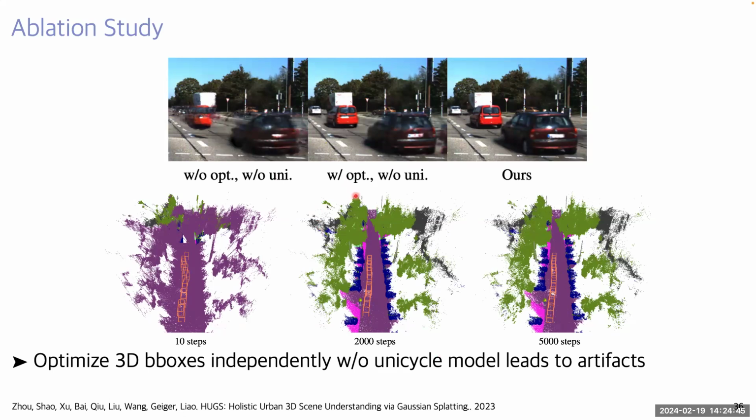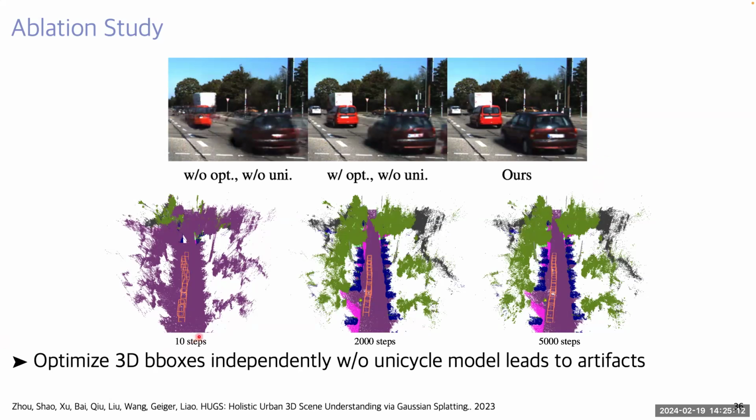If we simply optimize the bounding boxes without the unicycle constraint, it is improved compared to no optimization. But the bounding boxes converge to some local minimum, and the reconstructions are not really sharp. And our method leads to quite convincing performance.